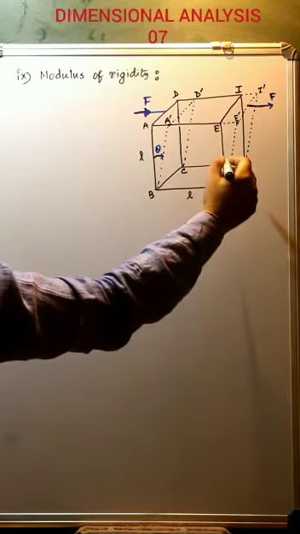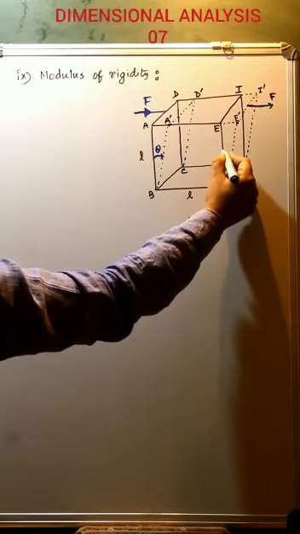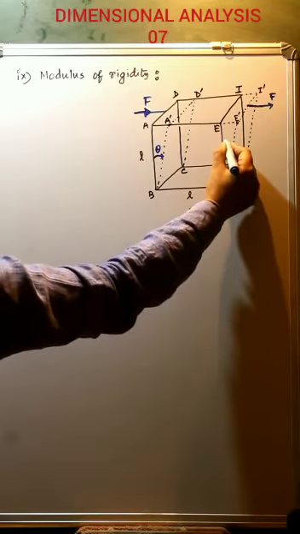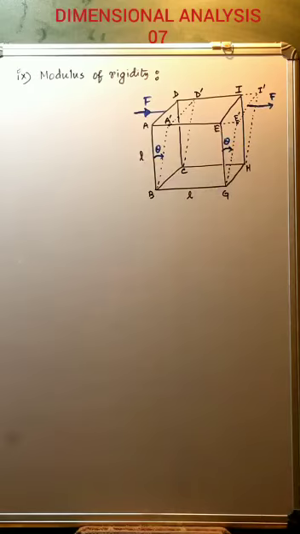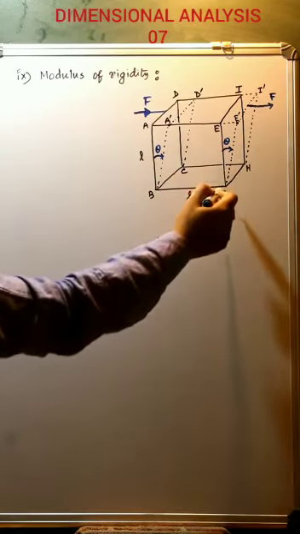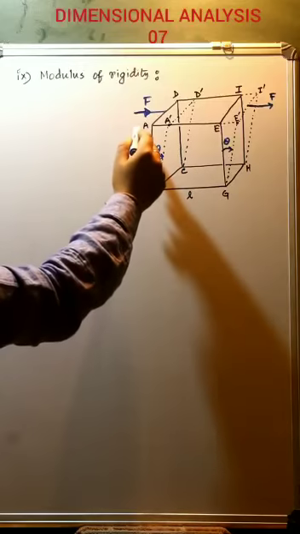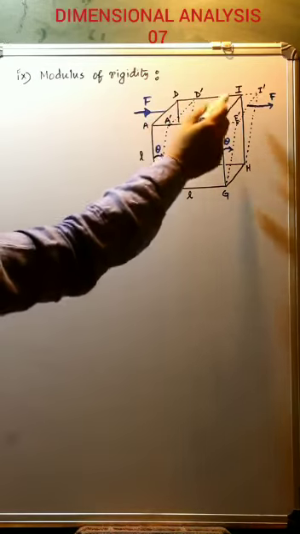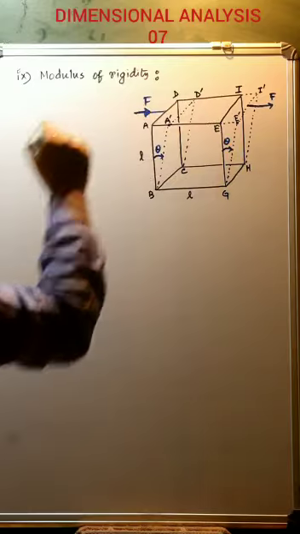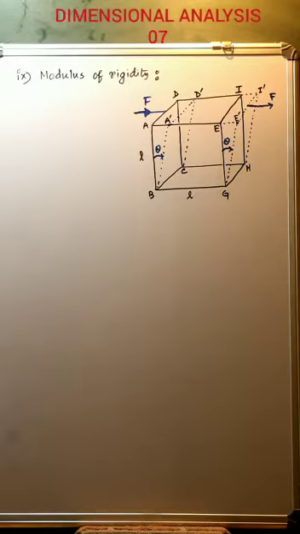Again, this vertical plane EGHI will be angularly displaced by an angle theta. BCHG is a fixed plane, and ADIE is a plane on which tangential force is acting. Tangential force is acting, and we have to find the modulus of rigidity.